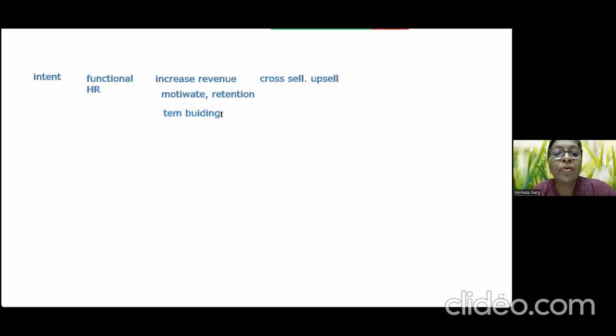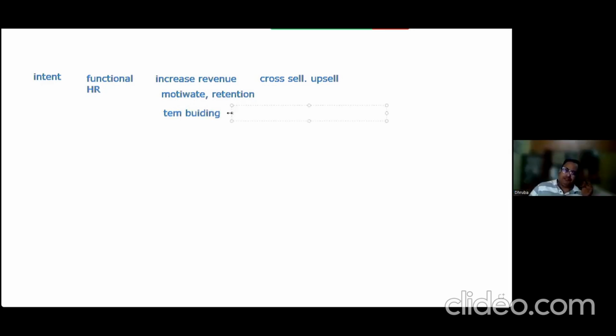I could also talk about competency building, from the HR side. I could also talk about innovation, creativity, depending on the situation. Depending on the situation, there are various things required to enhance performance.